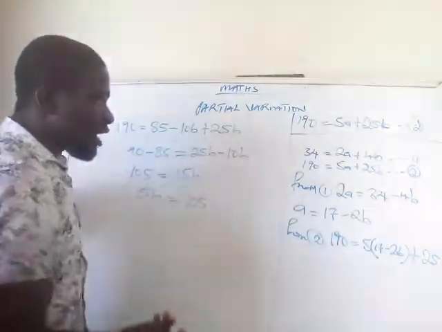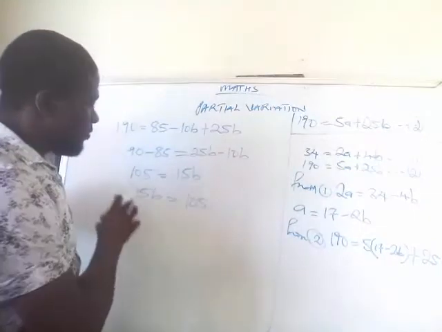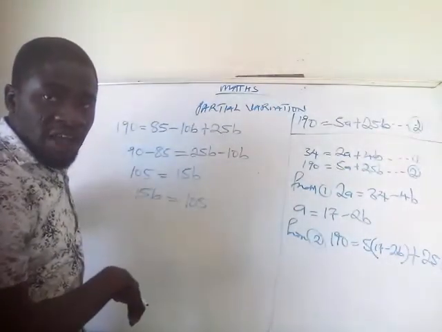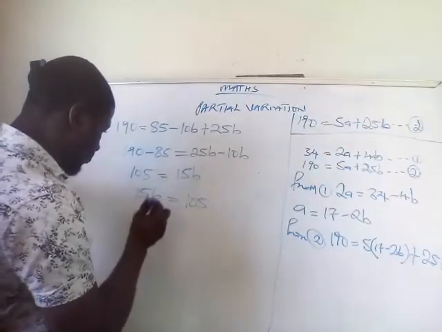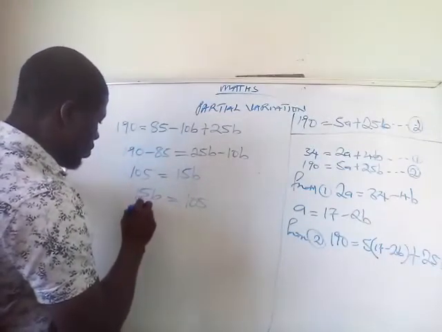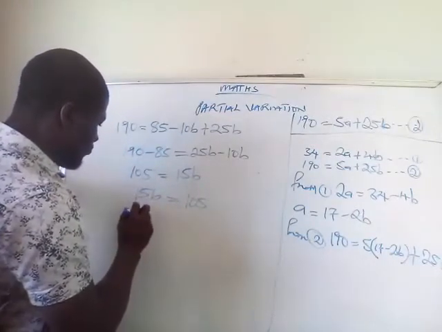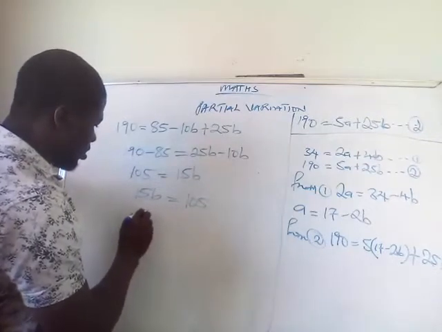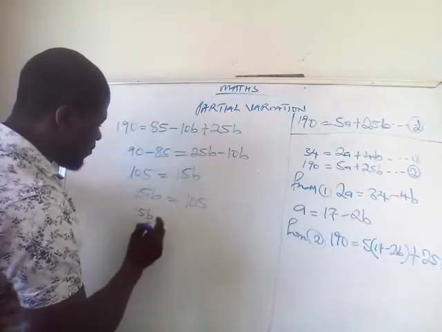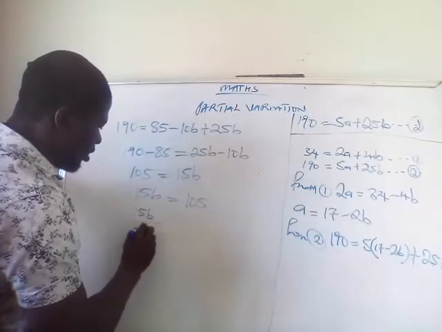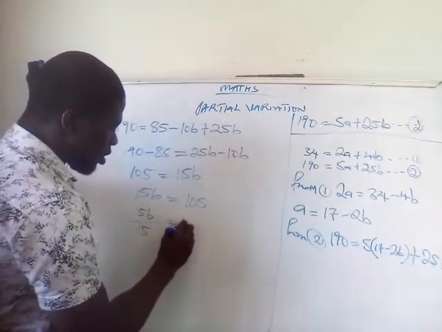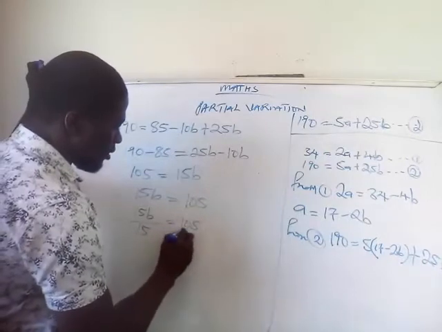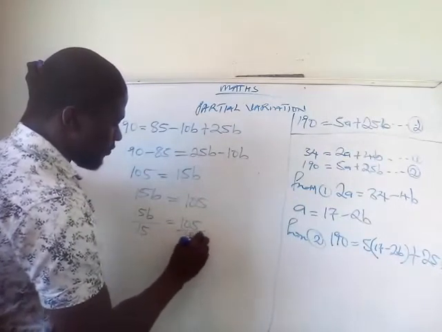So you divide both sides by 15. When you divide both sides by 15, you have 15B over 15 equal to 105 divided by 15.